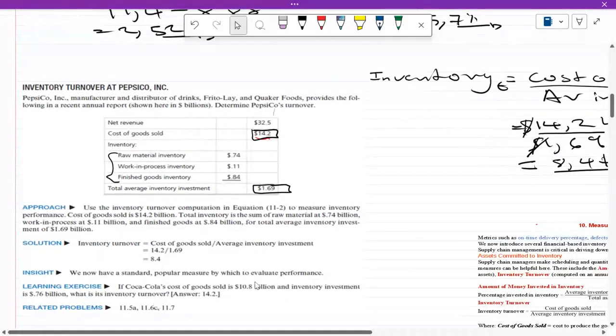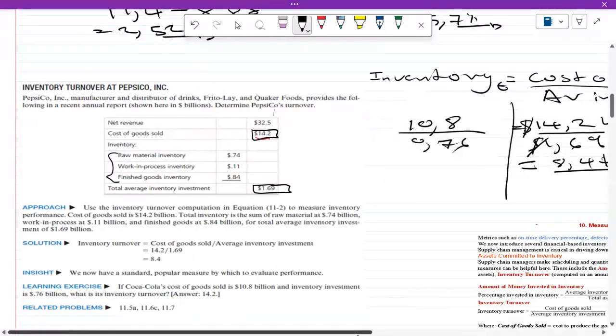So obviously you can see we adapt the formula there. You can just put this line here and say 10.8 is your cost of goods sold over your average inventory, which is 0.76. And how much are we getting? Are we getting the 14.2? 10.8 over 0.76.